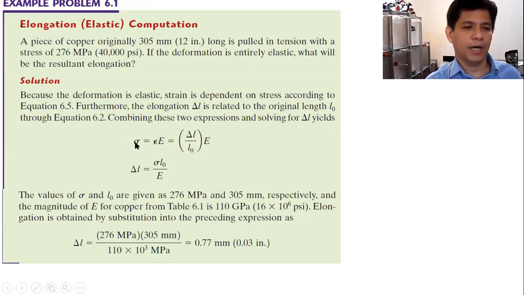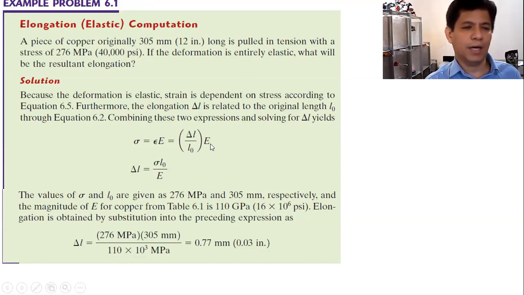No? Meron tayong engineering stress. So pag in-isolate nyo, this would be engineering stress times the original length divided by E. E is the modulus of elasticity. No? So yung modulus of elasticity, kukunin natin sa table, sa table 6.1.